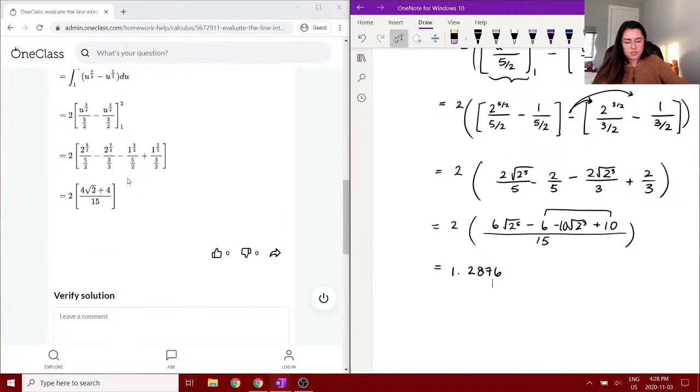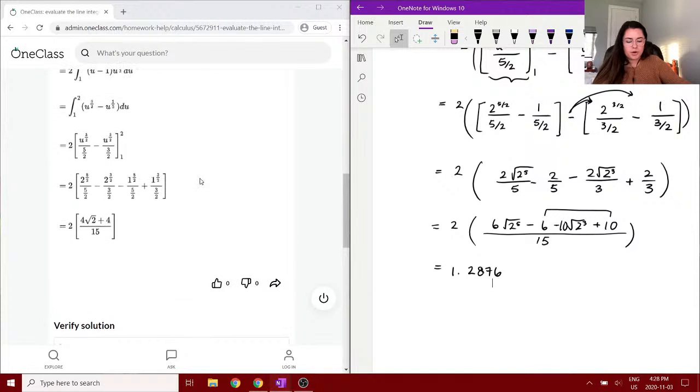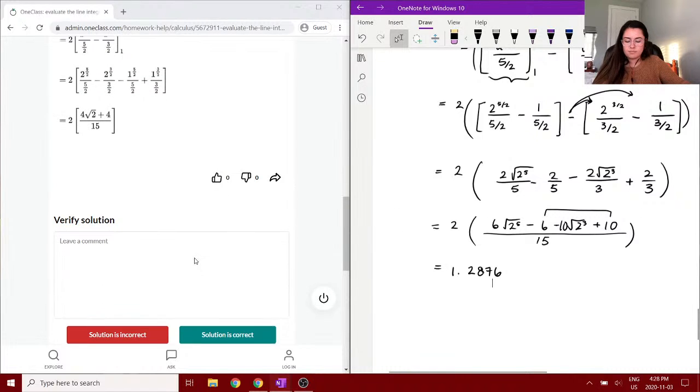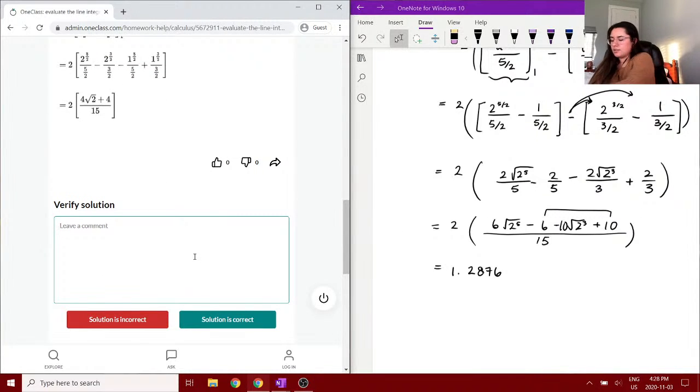In this solution, they leave it as this final answer. The step right above is basically the same as what we've got here. So I'm going to say, oops, good work. Well done. Well done. And that's all we're going to do for today.